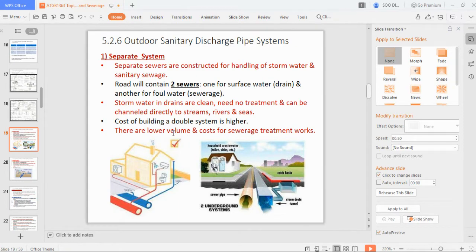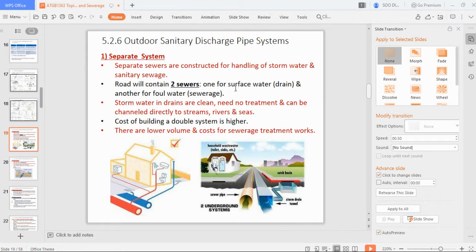But by building two pipes, instead of mixing your surface water or rainwater with the foul water, you don't have to build an even bigger capacity sewage treatment plant. So you save money on your sewage treatment plant, on the volume and cost of it.